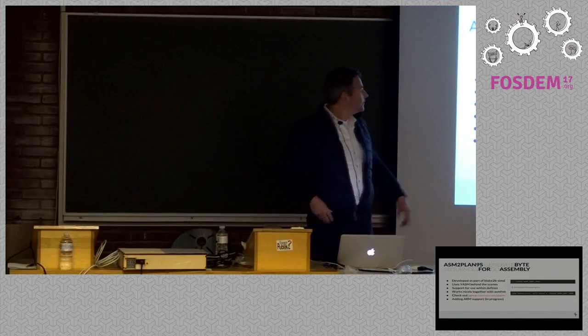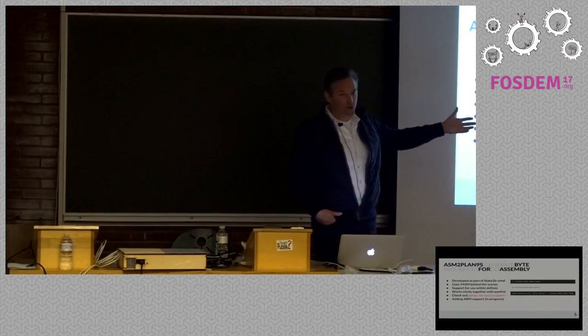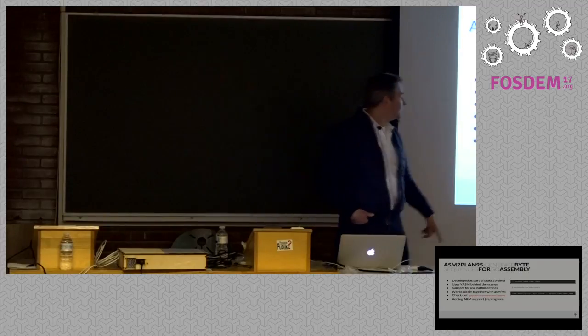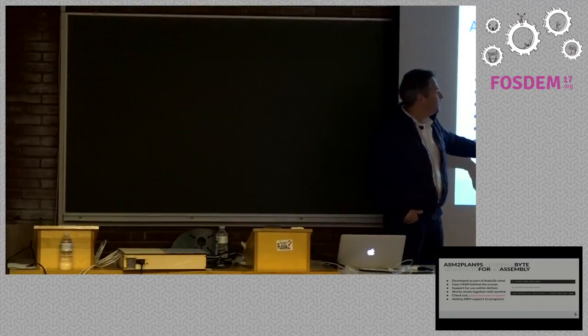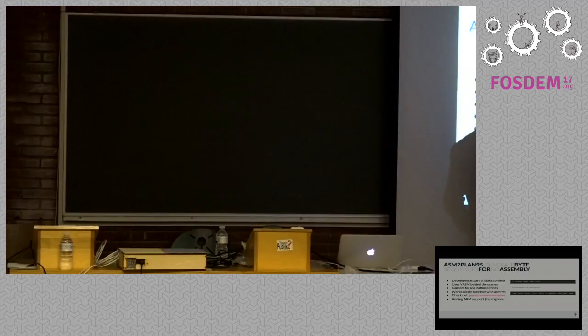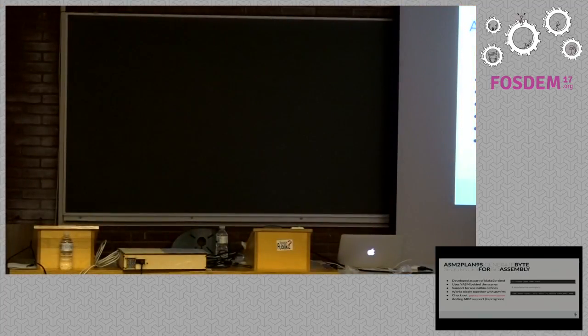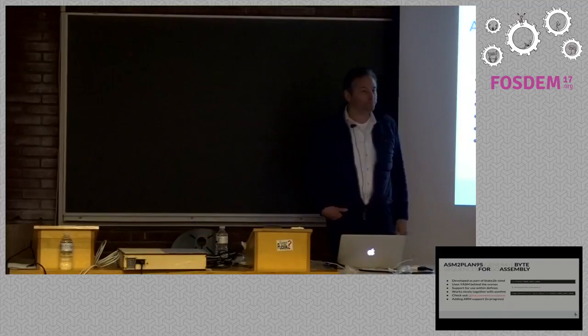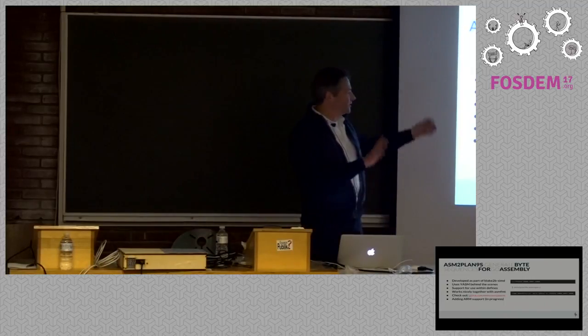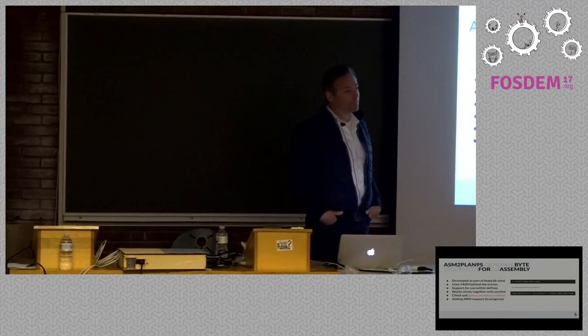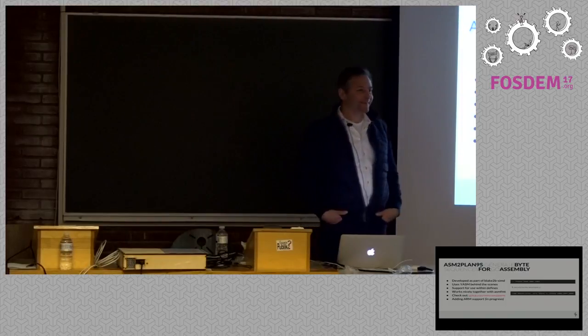We developed this SM2 plan 9S tool, and here you see the repository. So basically, this is what you write in your assembly file, and then you run SM2 plan 9S on this file, and it will prepend the byte sequence. Okay, thank you. Otherwise it's pretty cumbersome.